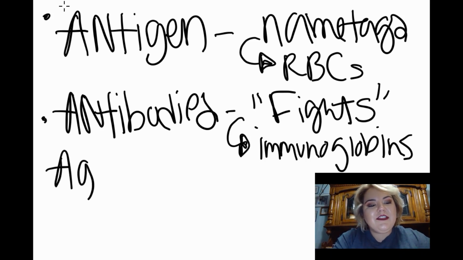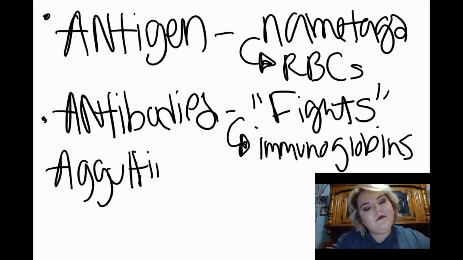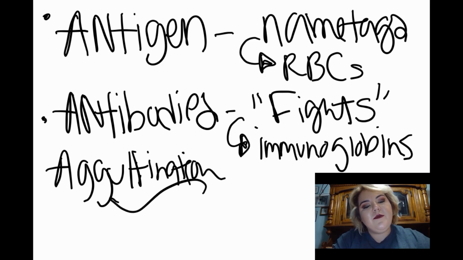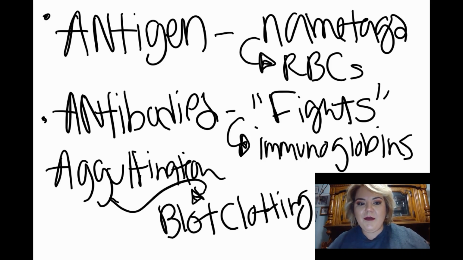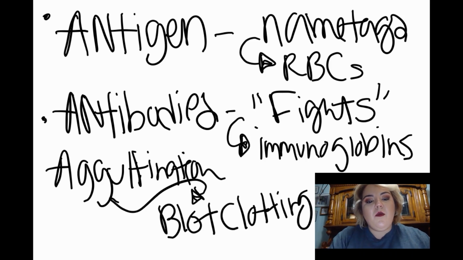And agglutination is just a fancy word for what? Blood clotting. Which is an allergic reaction, an immune response that happens when we receive the wrong blood type, right? Which is deadly.